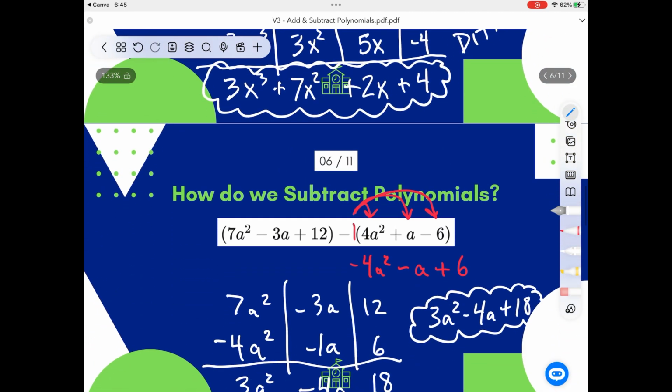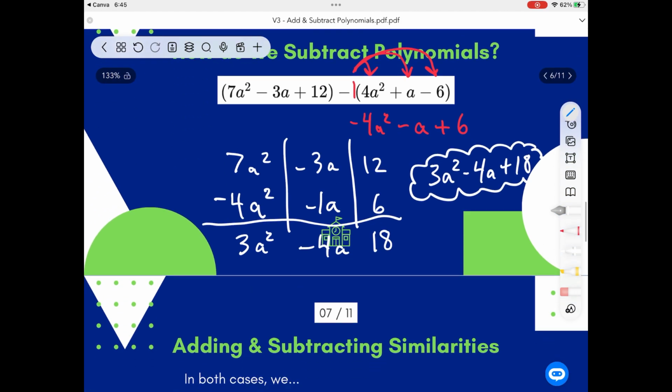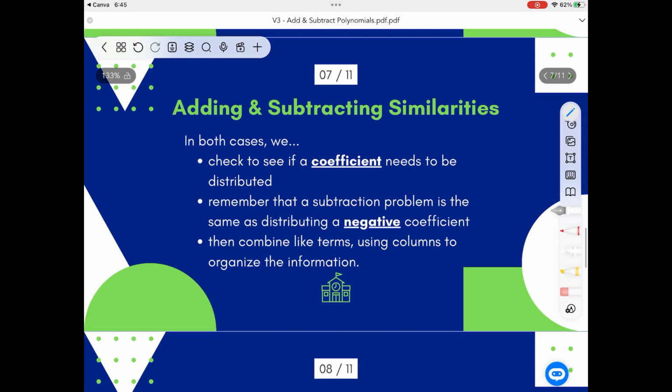And then in the subtraction problems, that looks like multiplying each of the second polynomial's terms by a negative 1 or by whatever other value is in front. If you ever see a minus 2 and then the parentheses, then you're just distributing a negative 2 instead of just a negative 1. But we always check to see if a coefficient needs to be distributed. Then, subtraction is just like distributing a negative coefficient.